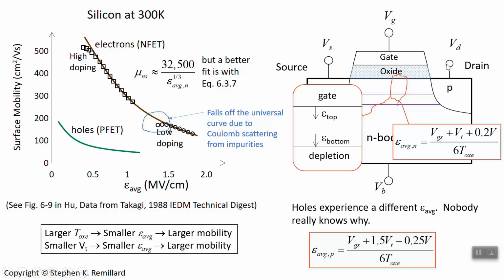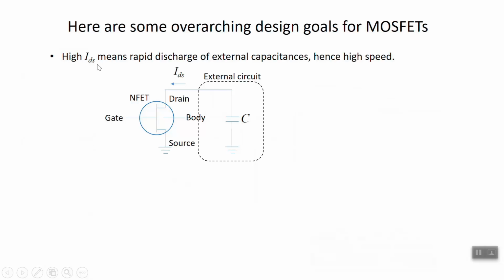That current flows between the drain and the source. And so let's talk about why a high drain source current is desirable. Just think about where the drain source current is coming from. It's coming from the external circuitry, which has reactance to it. Whether it's capacitive or inductive, it has reactance to it. And that reactance needs to be drained.